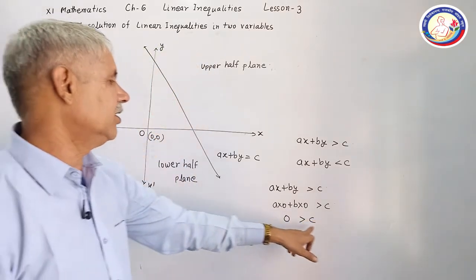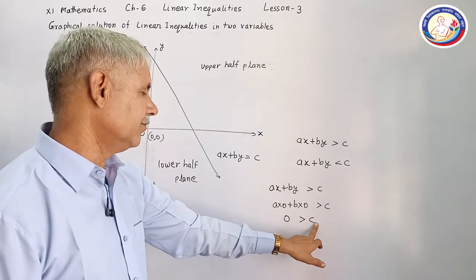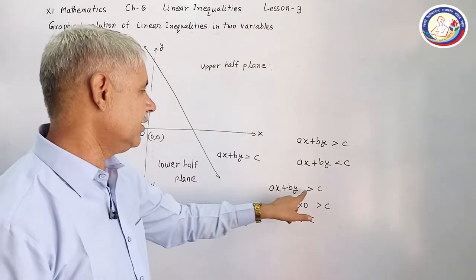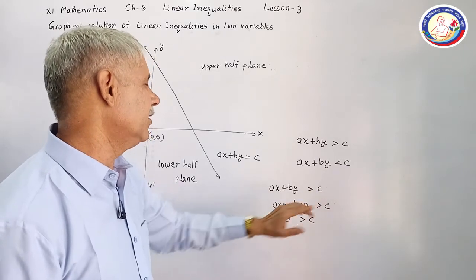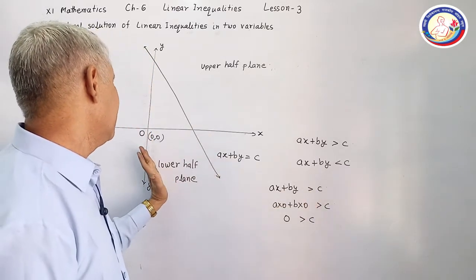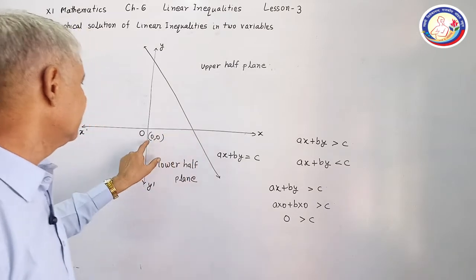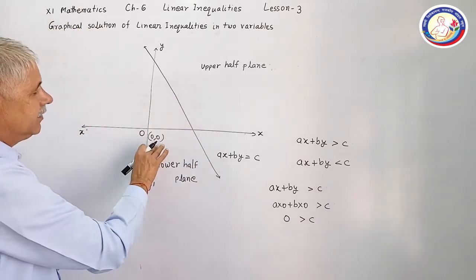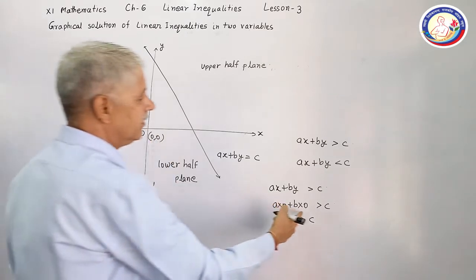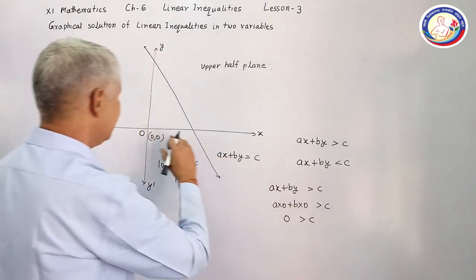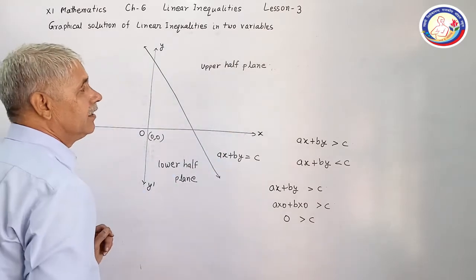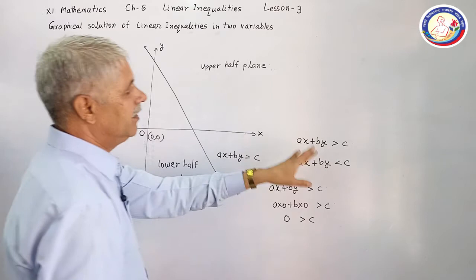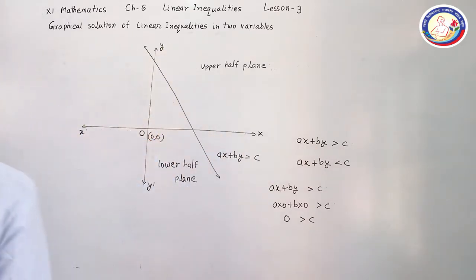If this condition is satisfied, this statement is true, then the solution region of this inequality will be the lower half plane, the side towards the origin, the plane towards the origin. And if this statement is wrong, then the opposite half plane or upper half plane will be the solution. Now I am explaining it with one example.